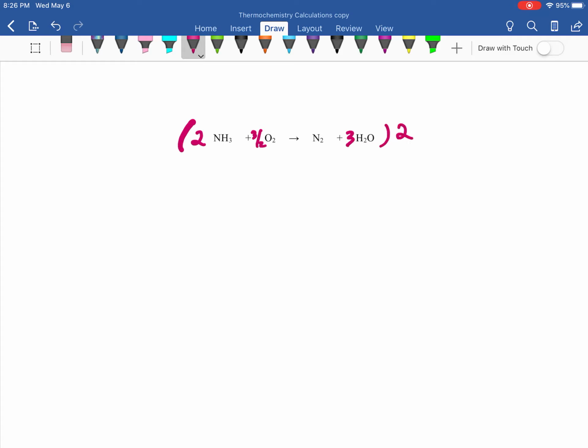So I'm going to go ahead and multiply this whole thing by 2 and end up then with 4 ammonias, 3 oxygens, 2 nitrogens, and holy cow, 6 waters. Okay, I love it. Are we balanced? 4 nitrogens, 12 hydrogens, 6 oxygens, 6 oxygens. Done. Okay, we're nice and balanced.